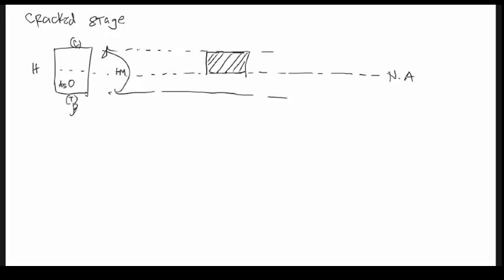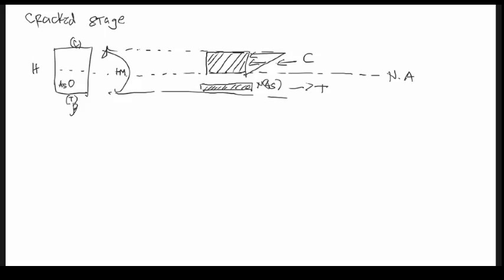And your steel will be at the bottom fiber. So this is in compression. This is NAS. This is now in tension. So that will be your transformed section.